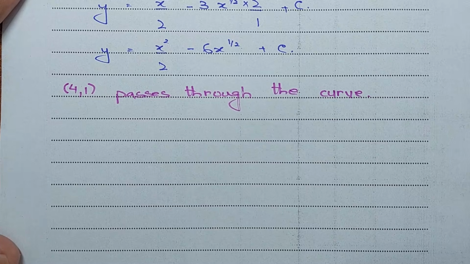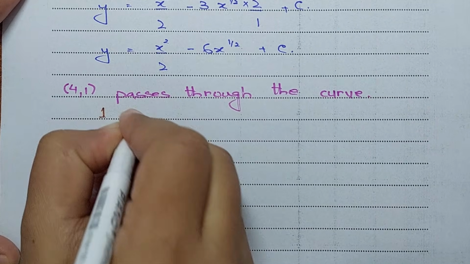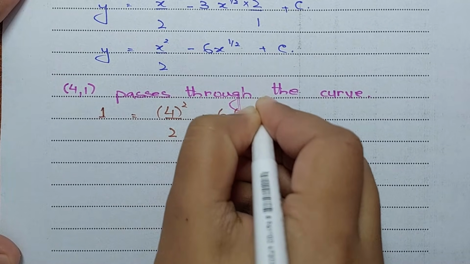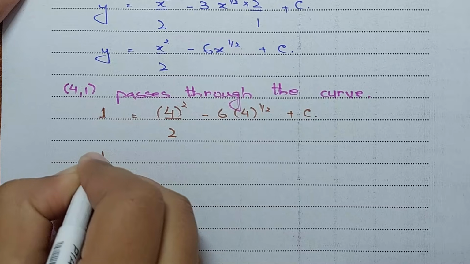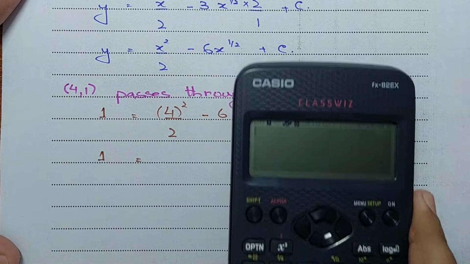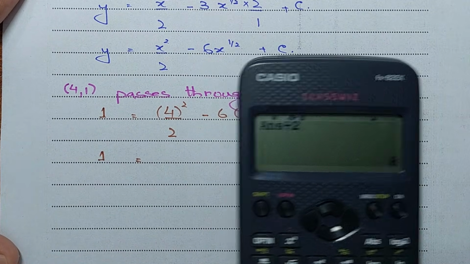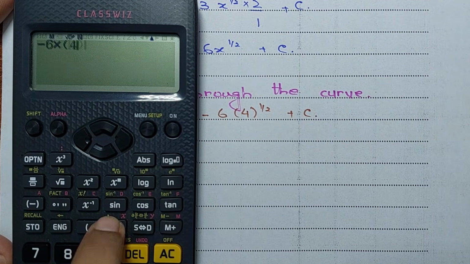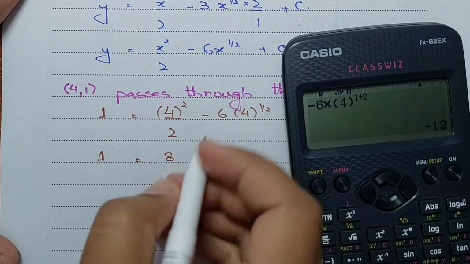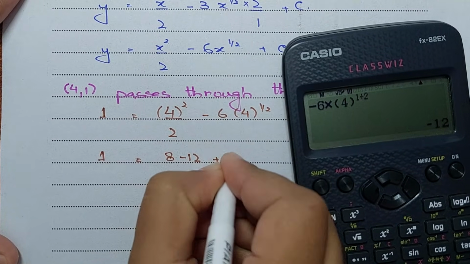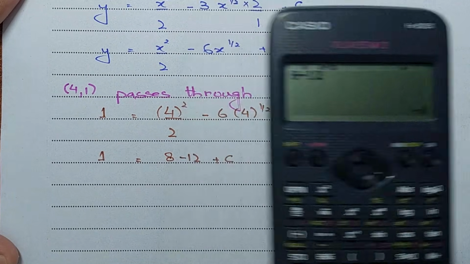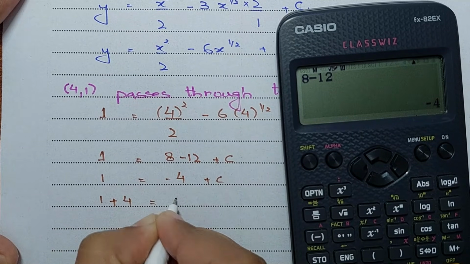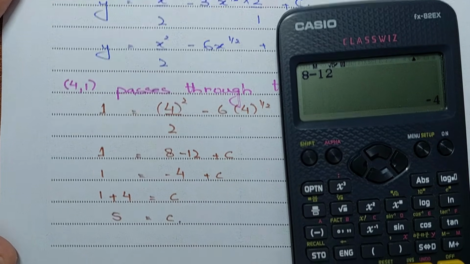So when y is 1, x is 4. 1 equals 4 squared divided by 2 minus 6 times 4 to the power 1/2 plus c. 4 squared divided by 2 is 8, and 6 times 4 to the power 1/2 is 12. 8 minus 12 is negative 4. So 1 equals negative 4 plus c, and 1 plus 4 equals c. 5 is the value of the constant of integration.